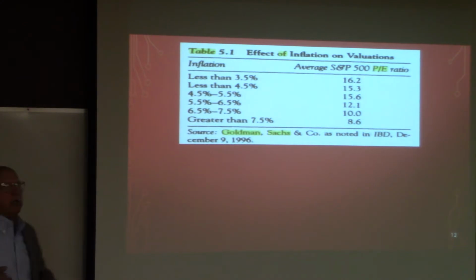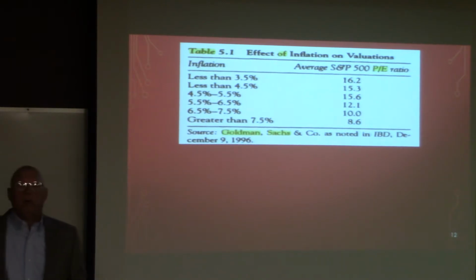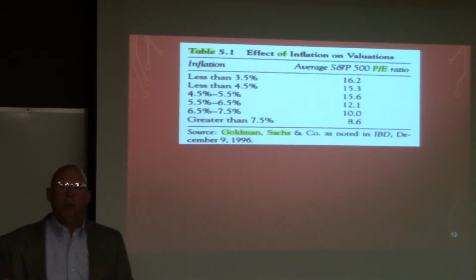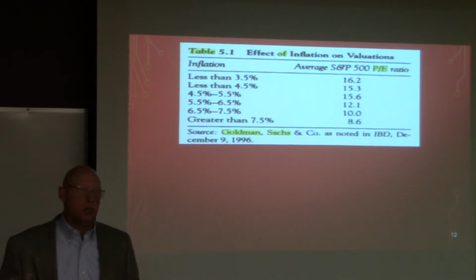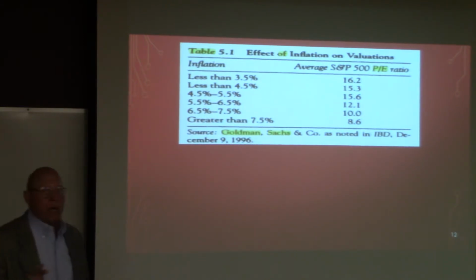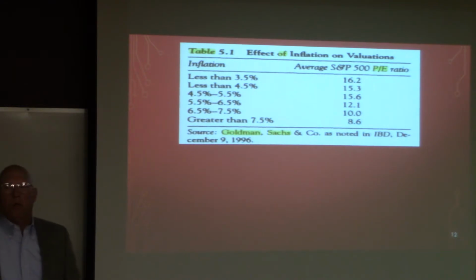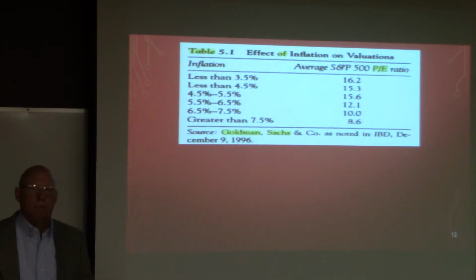You cannot separate the multiples and interest rates, multiples and inflation. This was a mistake that Alan Greenspan, who was chairman of the Federal Reserve, considered to be one of the greatest Federal Reserve chairmen in the history of our country, made. He told us back in 1995 that the market was overvalued, that PE ratios were too high.